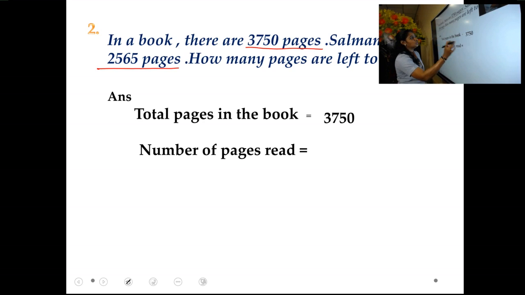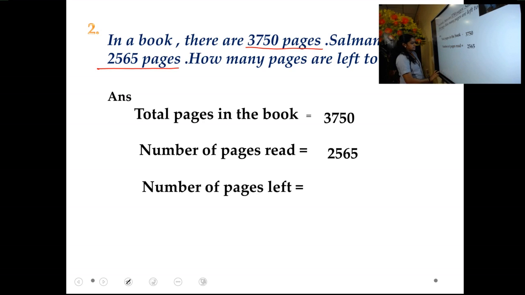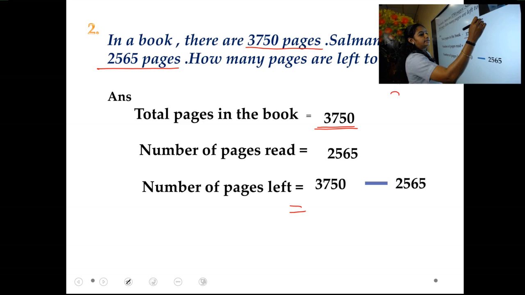Number of pages read is equal to. Write down that number here. And the last step, number of pages left. You have to subtract the total pages minus the number of pages read. Now after subtracting, we will get the answer.